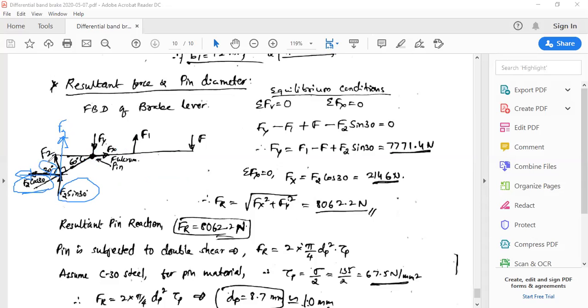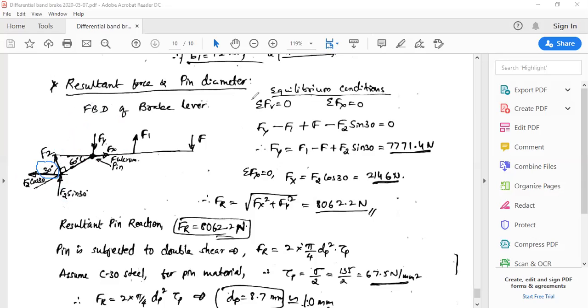So by seeing the sketch, we have to simplify and identify this angle. This angle is given there as 240 degrees, the angle of wrap, so that the value here is 60 degrees, and by using the fundamentals of geometry, we have to get this value 30 degree.